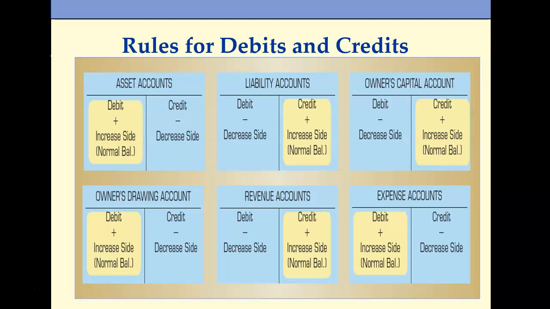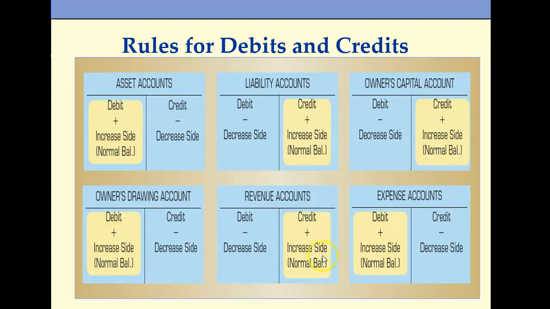Again, focus on how these accounts are going to impact your owner's equity. For example, we know that capital and revenue both increase owner's equity. Therefore, your capital and revenue accounts increase on the credit side because an increase in revenue or in capital will increase your total owner's equity.